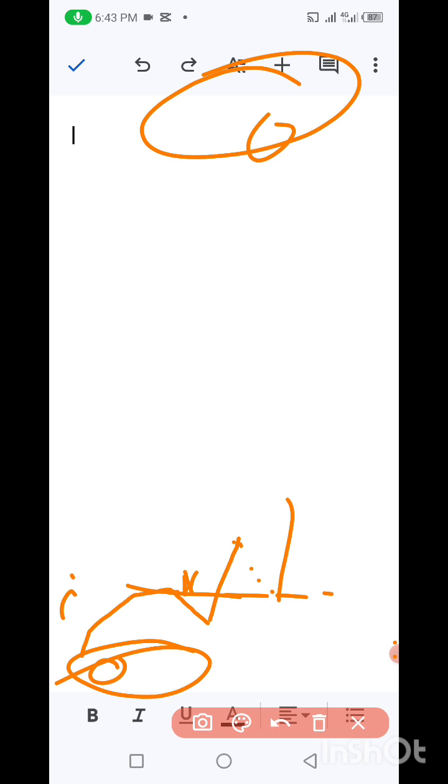So this impulse that it creates is called the reactive signal. Let's call it RA. So this is RA.